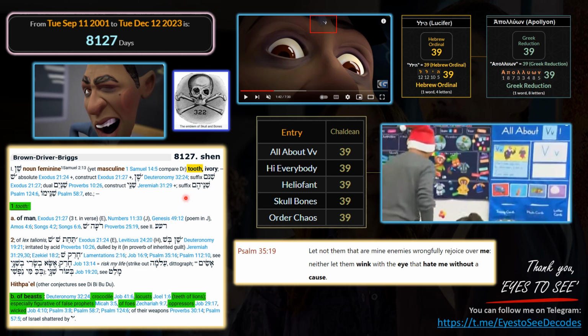And 8,127 is the Hebrew word shen in the Bible, meaning tooth, but it's tooth of beasts, of a crocodile, of locusts, teeth of lions, especially figurative of false prophets, of foes, oppressors, and wicked. And I'm wondering if we're getting a little biblical warning here about following these false prophets.